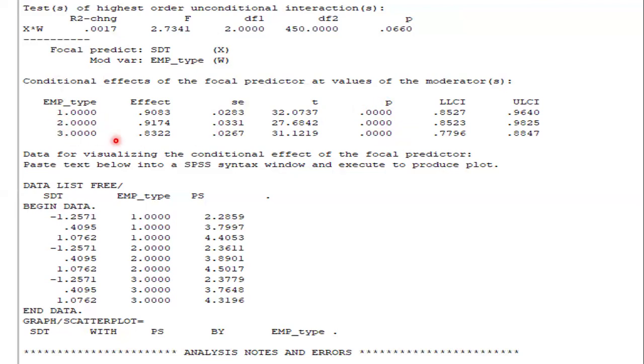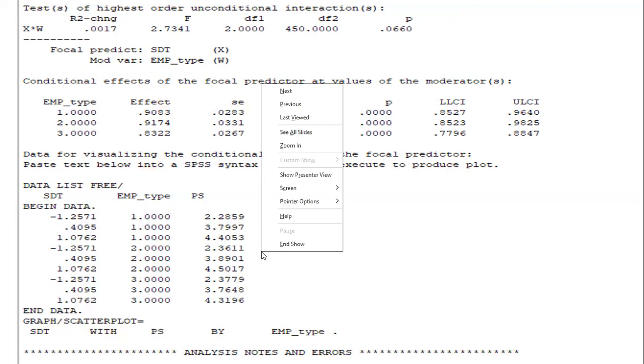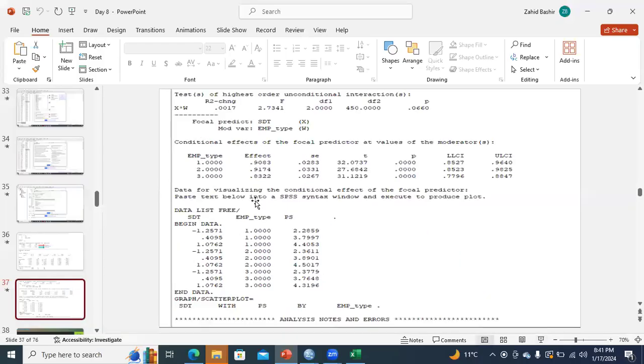The category 2 impact is also 91%, and it is significant. The effect size of your permanent job holders is also very large, and it is significant. But in terms of interaction terms, they are not significant or weakly significant. So this is how you can interpret it.